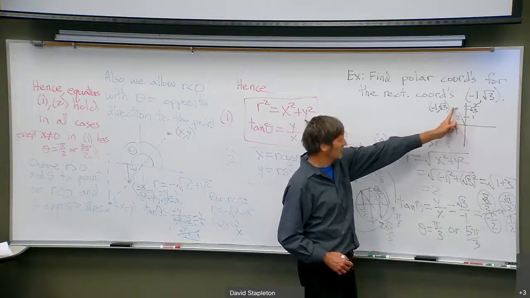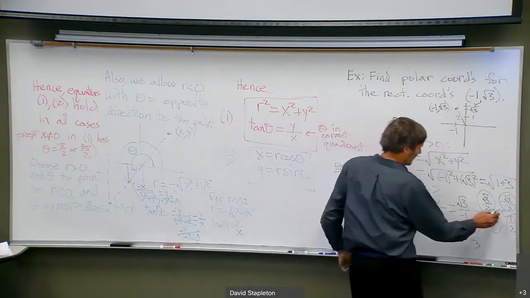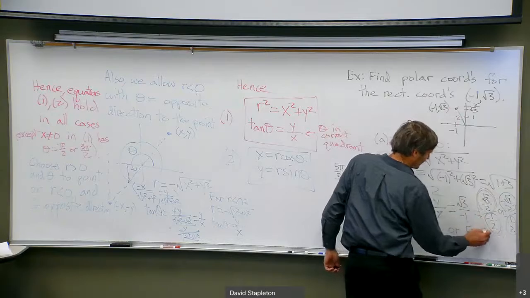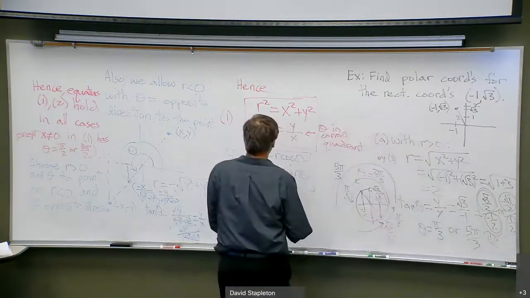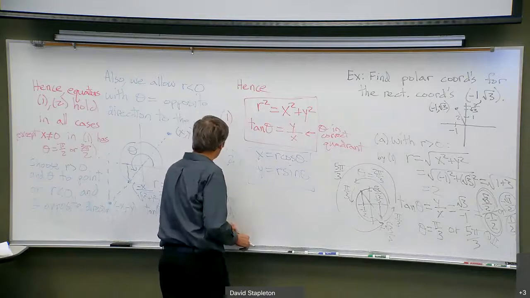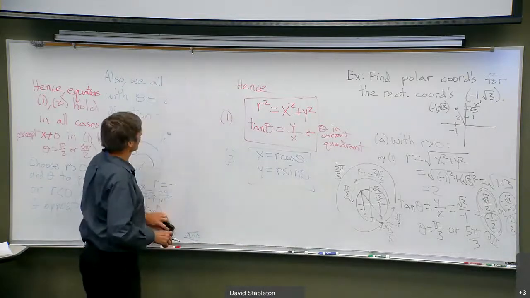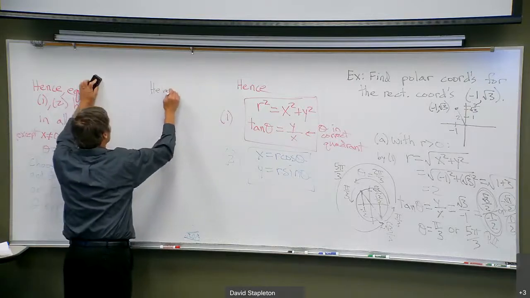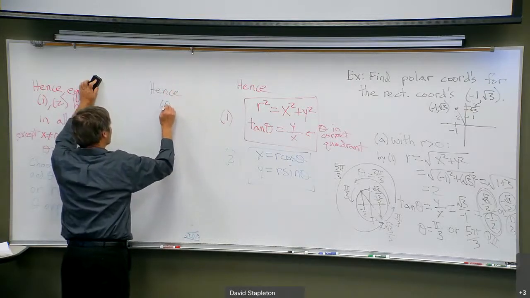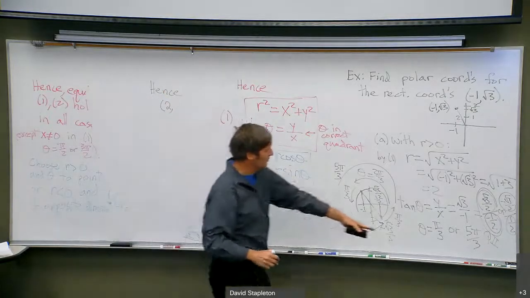I have to be in quadrant 2 with x negative and y positive. It's this one. This one is in quadrant 2. So I'll say my first polar pair, according to equations 1 here, is r equal to 2, theta equals, oops, I wrote pi over 3, it was 2 pi over 3.